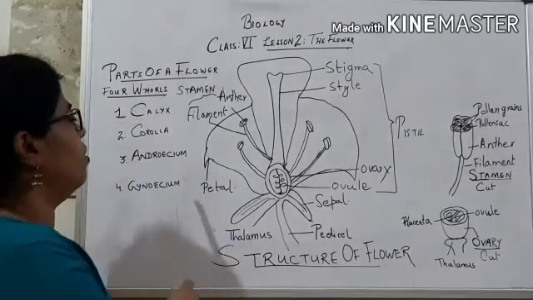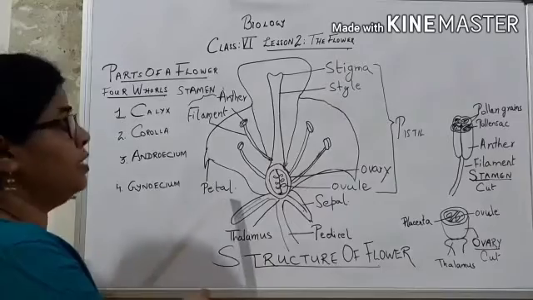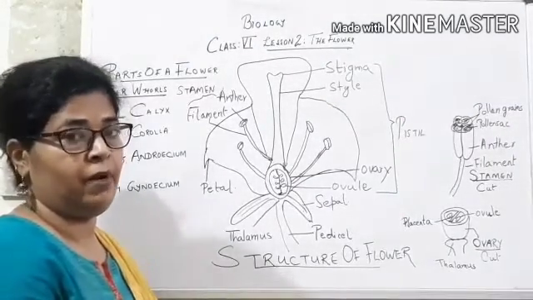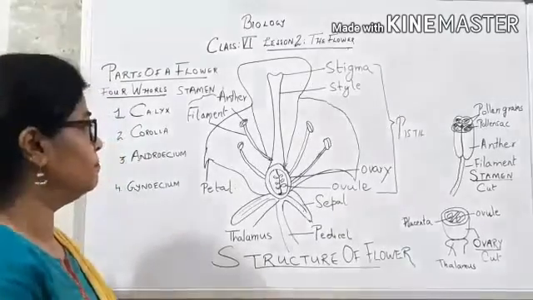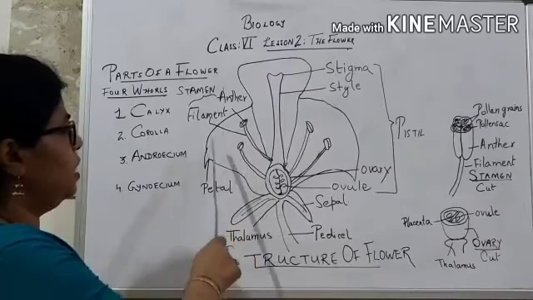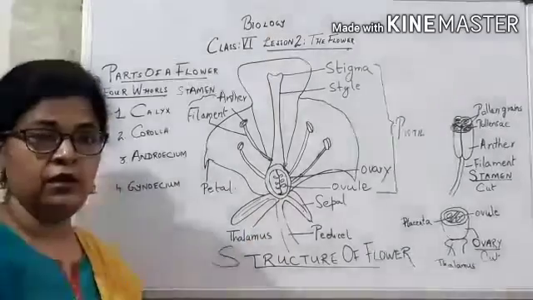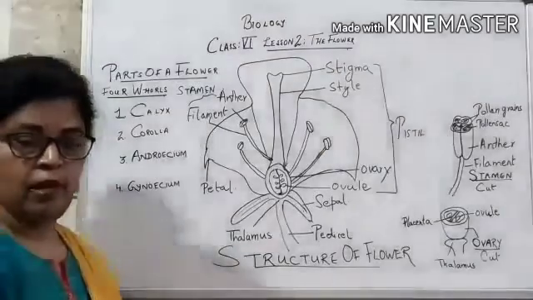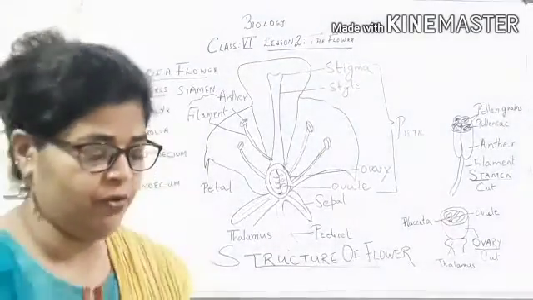Then the second whorl, corolla, is made up of petals. It's the beautiful, most attractive part of the flower, and it has big, showy, large petals. As you can see here, I have a flower for you.